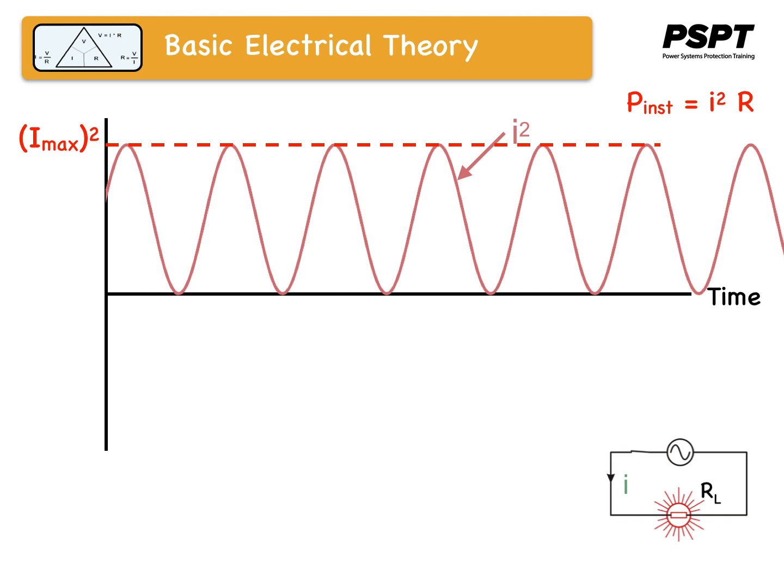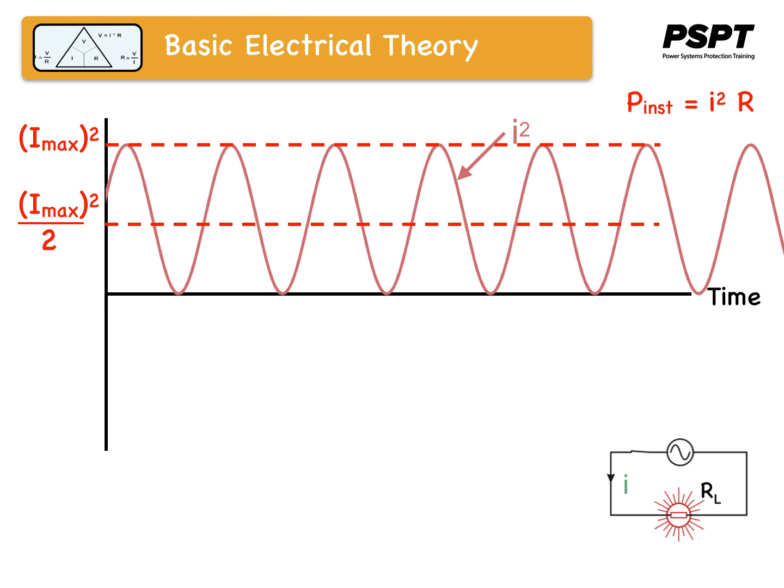Now, if we wanted to find the average of that curve, we could take the average of all of those values, and basically it is exactly I max squared all over 2.